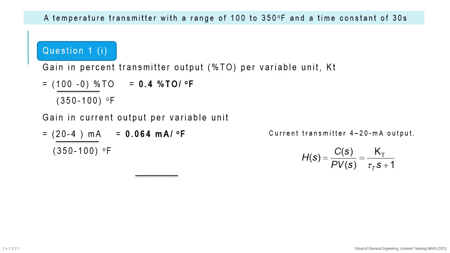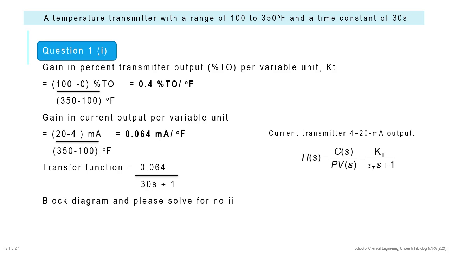You have calculated the transmitter gain, so just plug it into the equation and you will get the transfer function. The transfer function for question number 1 is 0.064 divided by 30s plus 1.